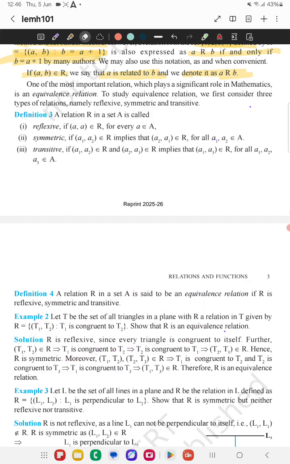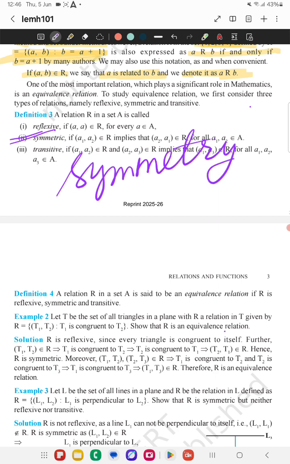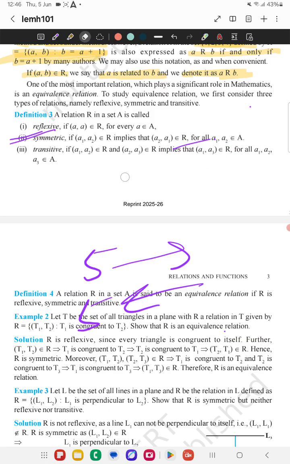Next, we have the symmetric relation. If I use the term symmetry, what does it mean? Symmetry means equal. If I am giving 5 rupees to you, then you have to give 5 rupees back to me. Clear? So this is something related to the term symmetric relation.